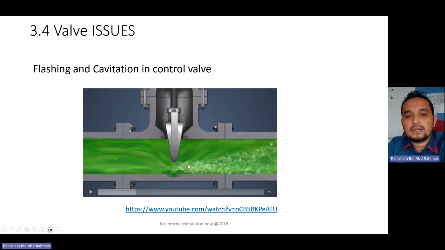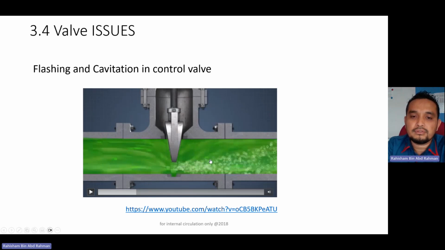The formation of vapor bubbles here, this is what we call flashing. This is the flashing phenomenon, the formation of air bubbles within the pipeline after passing through a small opening at the valve area.